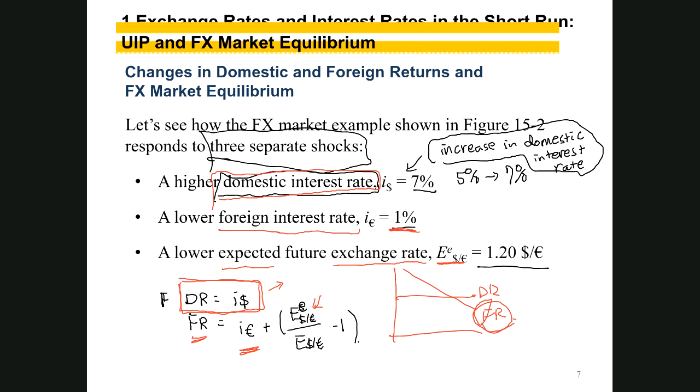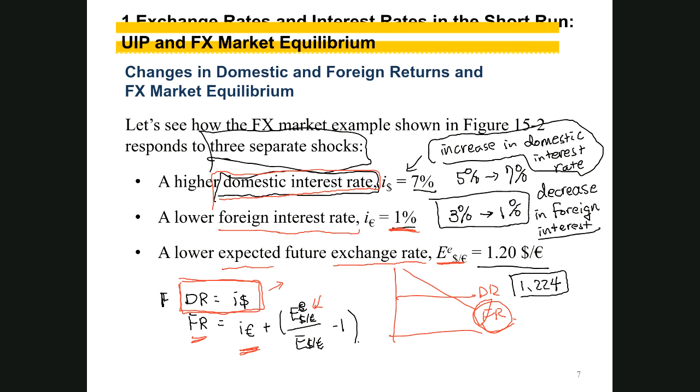Originally we have the euro interest rate equal to 3. Now if the interest rate decreases, a decrease in the foreign interest rate, what happens to my spot exchange rate? Lastly, the original expected future exchange rate is 1.224.